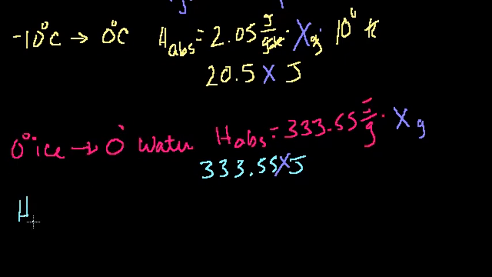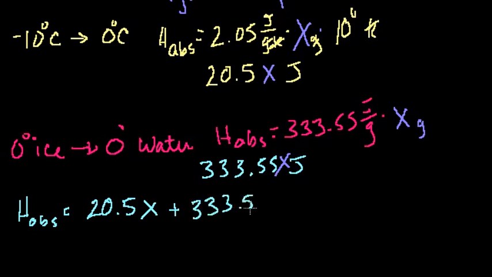Heat absorbed is equal to the heat it can absorb when it goes from minus 10 to 0 degrees ice, and that's 20.5 X, where X is the number of grams of ice we have, plus the amount of heat we can absorb as we go from 0 degree ice to 0 degree water, and that's 333.55 X. And of course, all of this is joules. So this is the total amount of heat that the ice can absorb without going above 0 degrees.